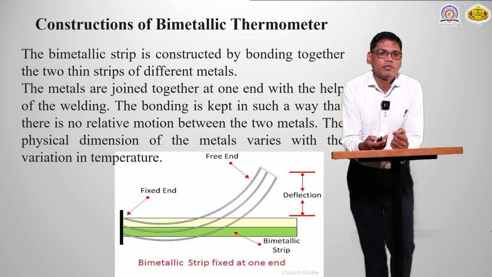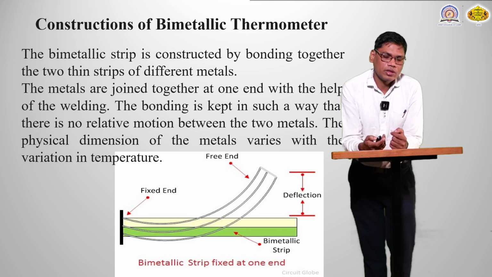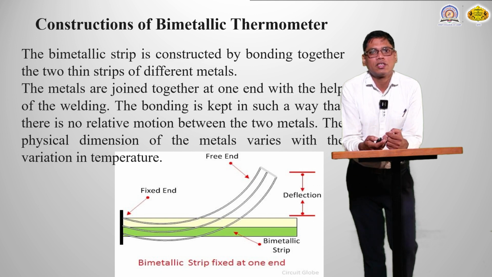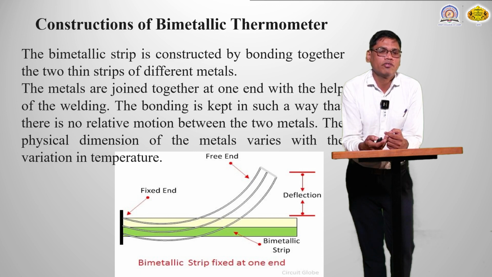This figure shows a bimetallic thermometer in two stages, one undeflected and one deflected. The bimetallic strip is constructed by bonding together two thin strips of different metals, one green and the other a creamy color. These are the two bimetallic strips.